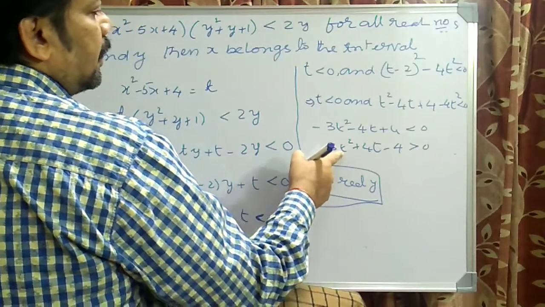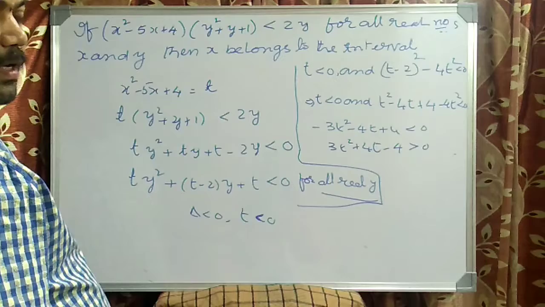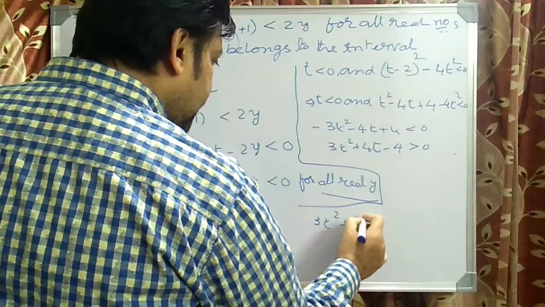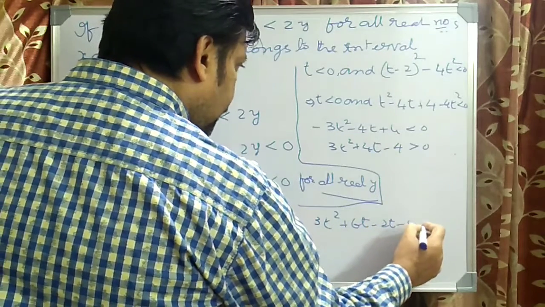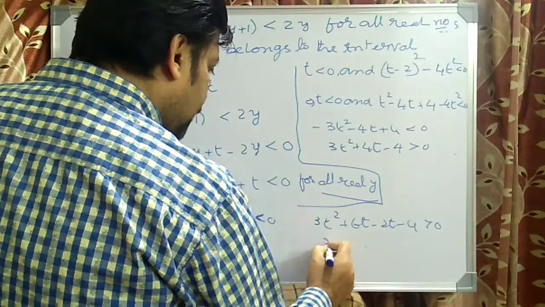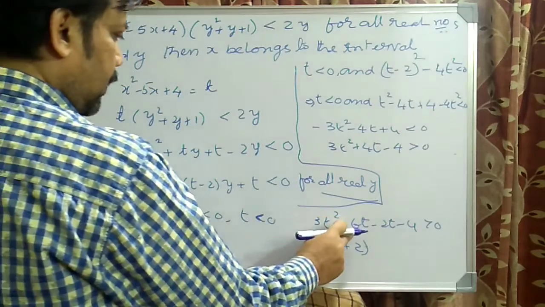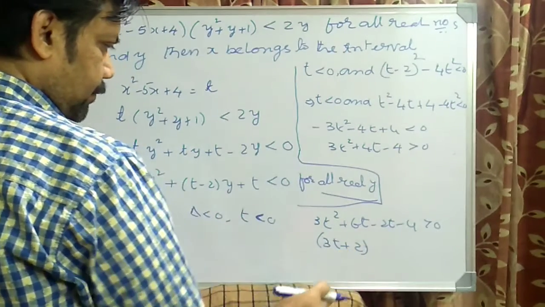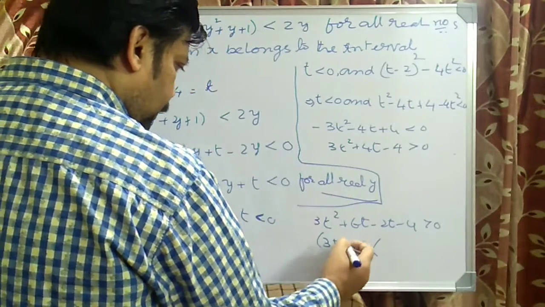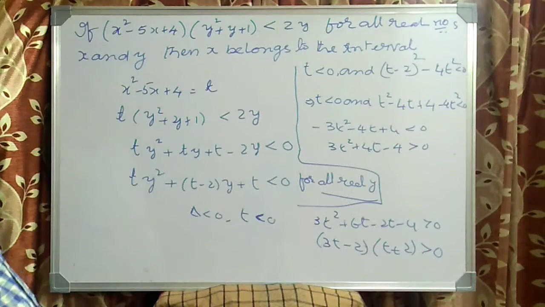Applying the property just discussed, 3 into minus 4 is minus 12, so I can split it as 3t square plus 6t minus 2t minus 4 greater than 0. Taking common factors, (3t minus 2) into (t plus 2) is greater than 0.